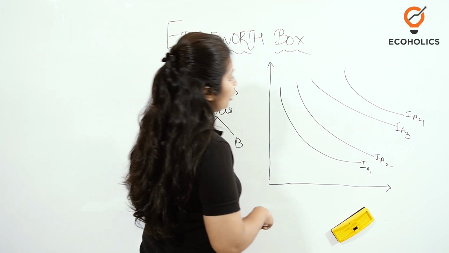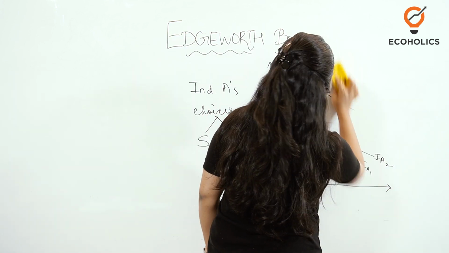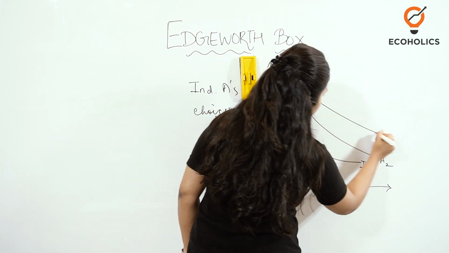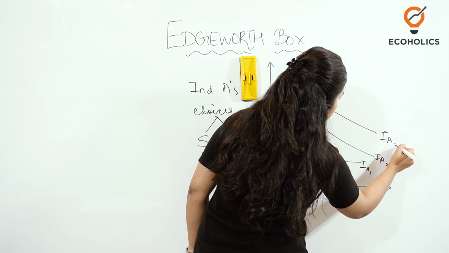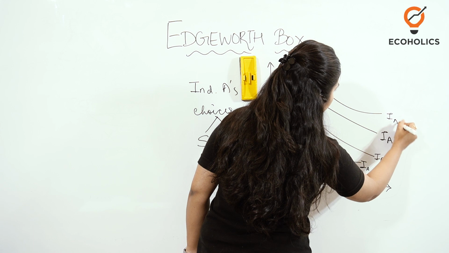Now let us look at these curves from this perspective. I'm going to contract these curves so that I can draw more lines, and let us say this is indifference curve A4.